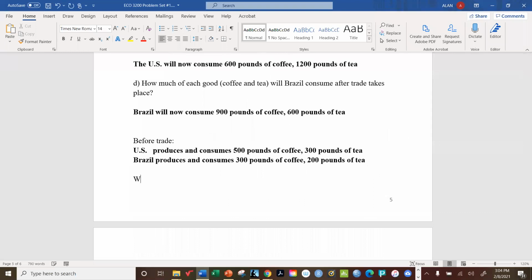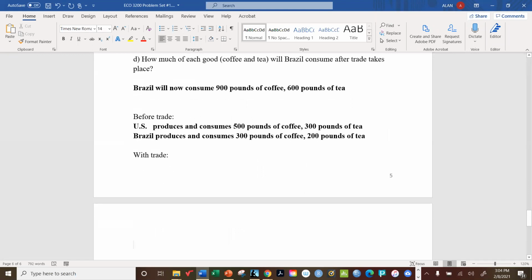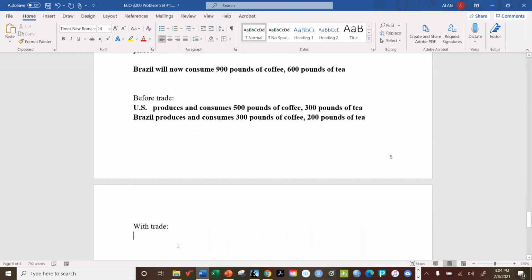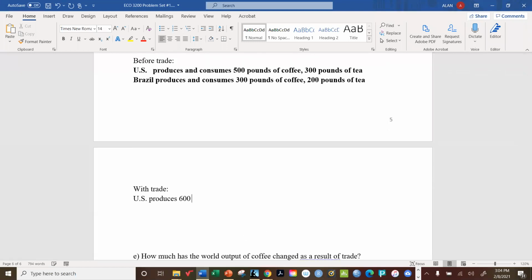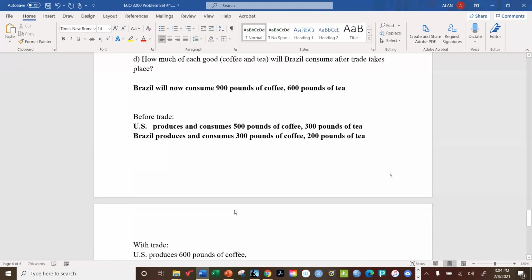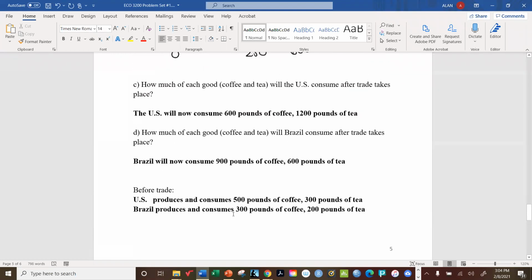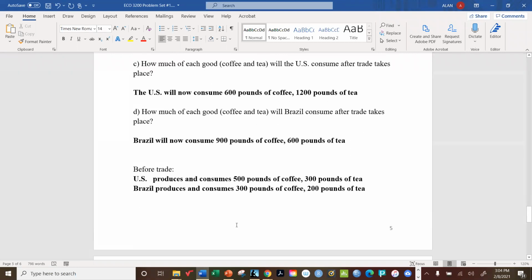With trade, the US now produces and consumes 600 pounds of coffee and 1,200 pounds of tea.